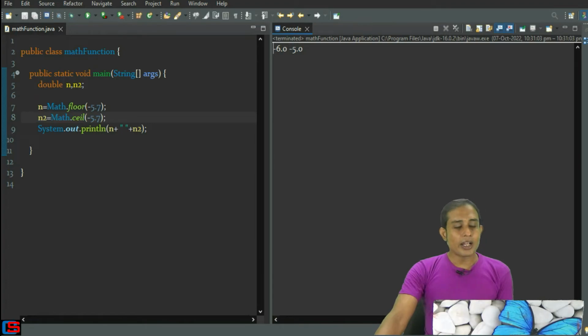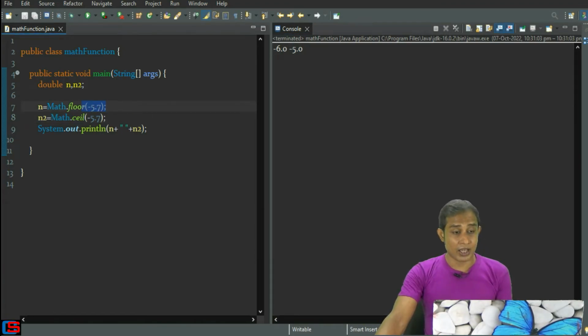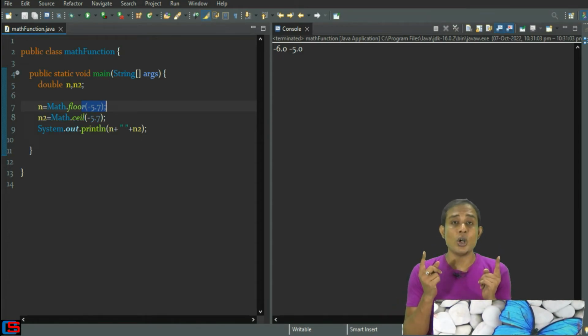When the floor function rounds off the value of minus 5.7, it generates two whole integer numbers, that is minus 5 and minus 6, and they carry the negative sign, so minus 6 is the smaller value and minus 5 is the greater value.